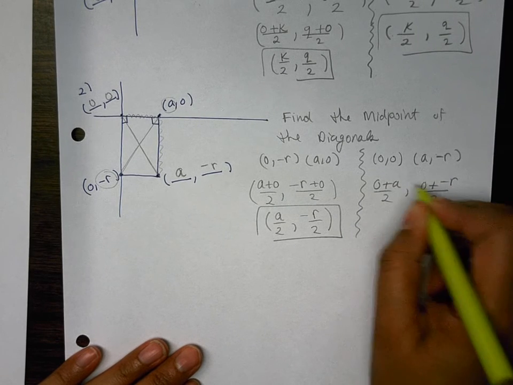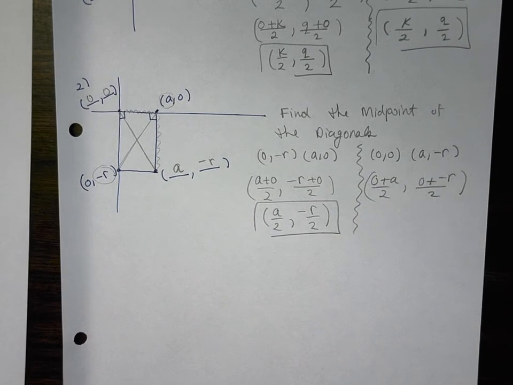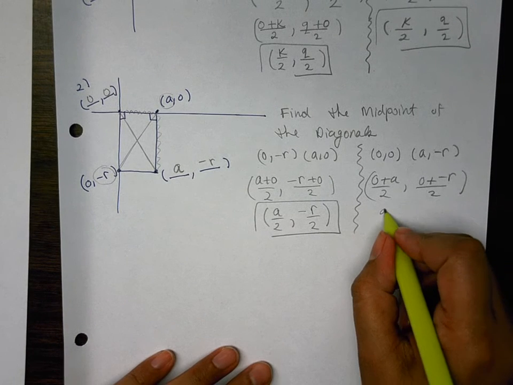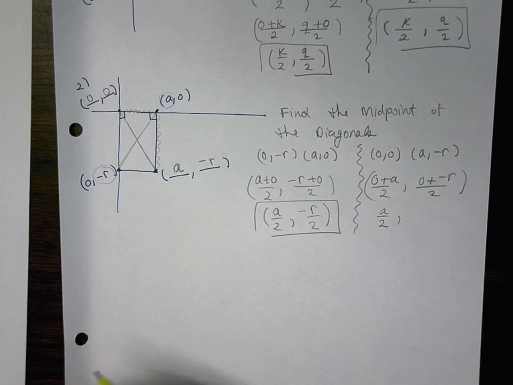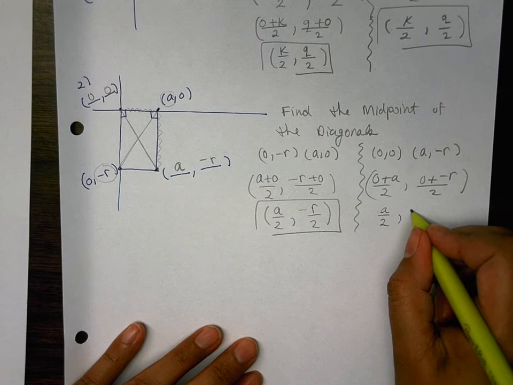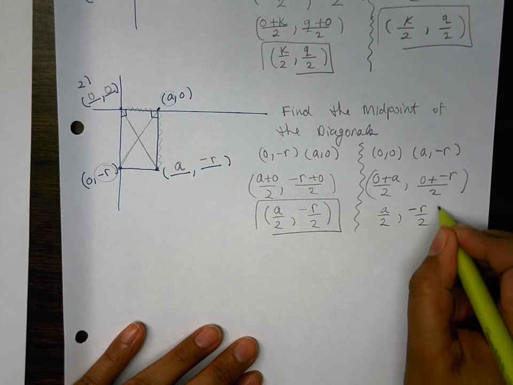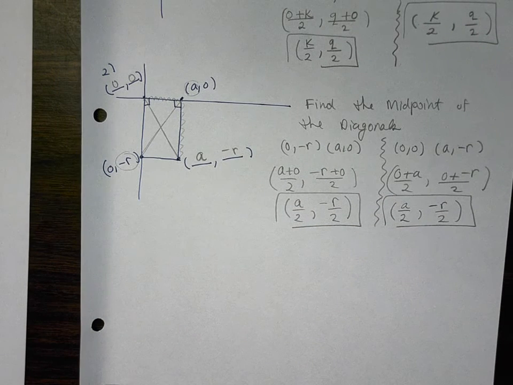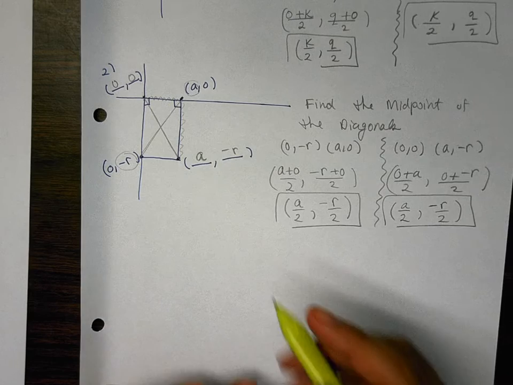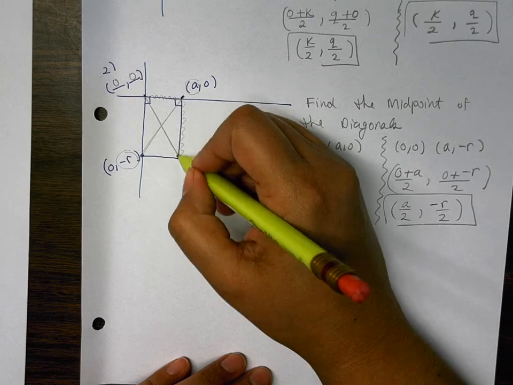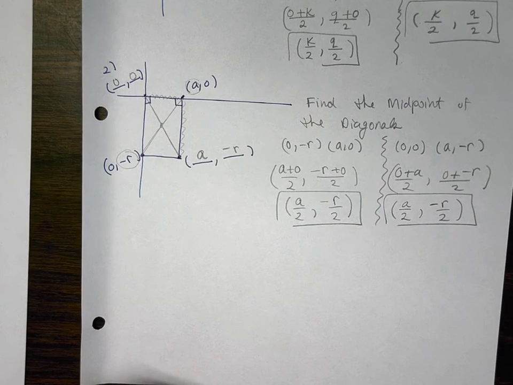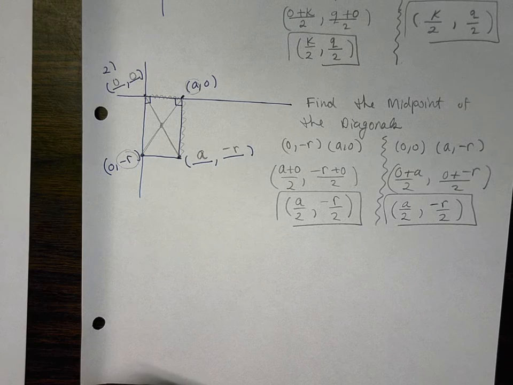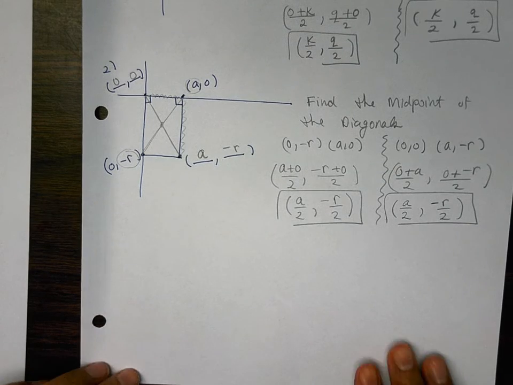All right, I have 0 plus A. What's 0 plus A? A. And A cut in half is A over 2. What's 0 plus negative R? Negative R, and then over 2. And did they come out to be the same? Yeah. Should they come out to be the same? Yes, because diagonals do what to each other? Bisect. Bisect means they meet at the midpoints. The midpoints should be the same.